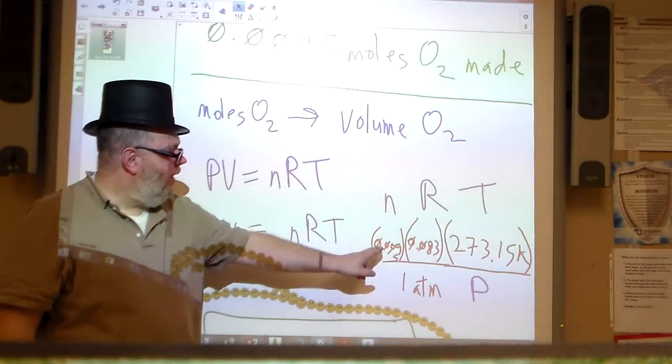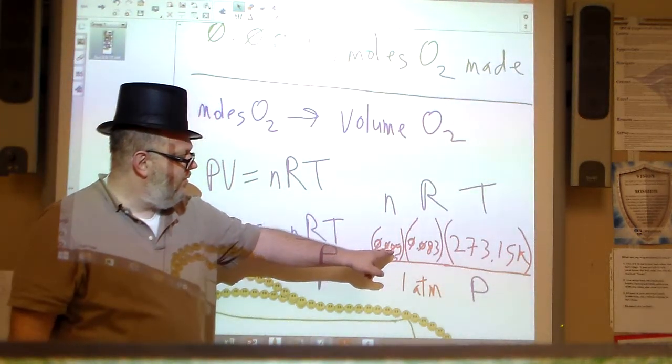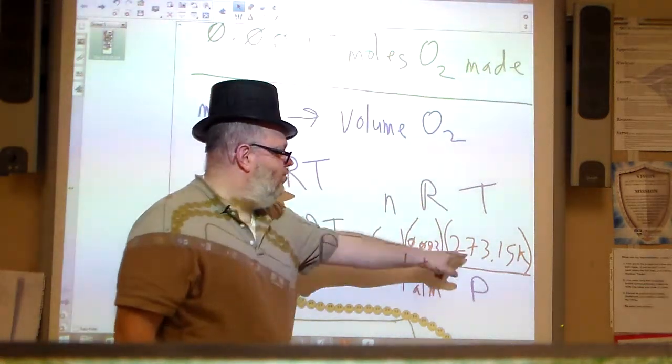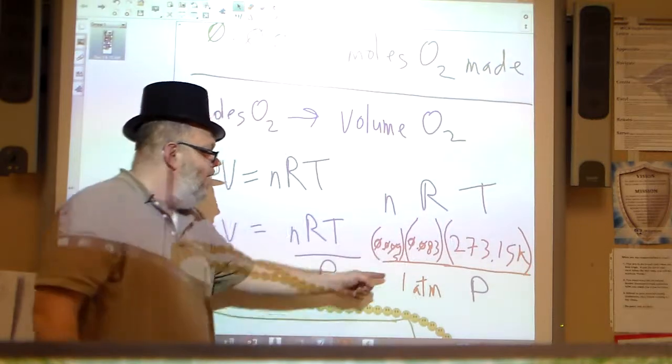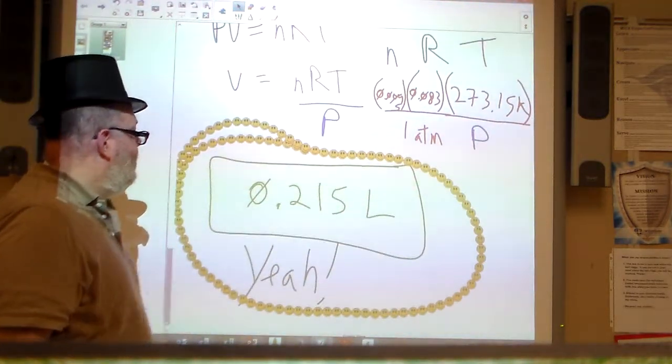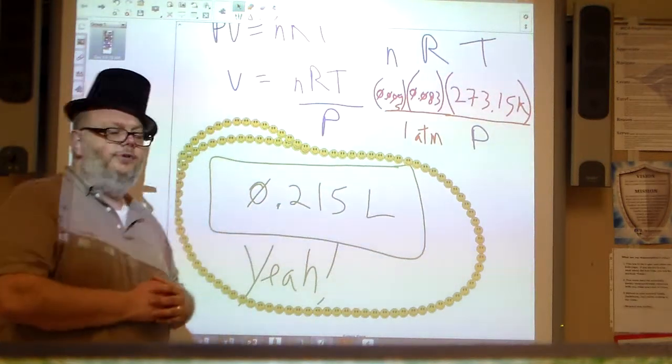I plugged it in right here: 0.0095, that's our n, 0.0821 for R, 273.15, that's our T, and 1 atmosphere, which is P, which makes things very easy, and we end up getting 0.215 liters.